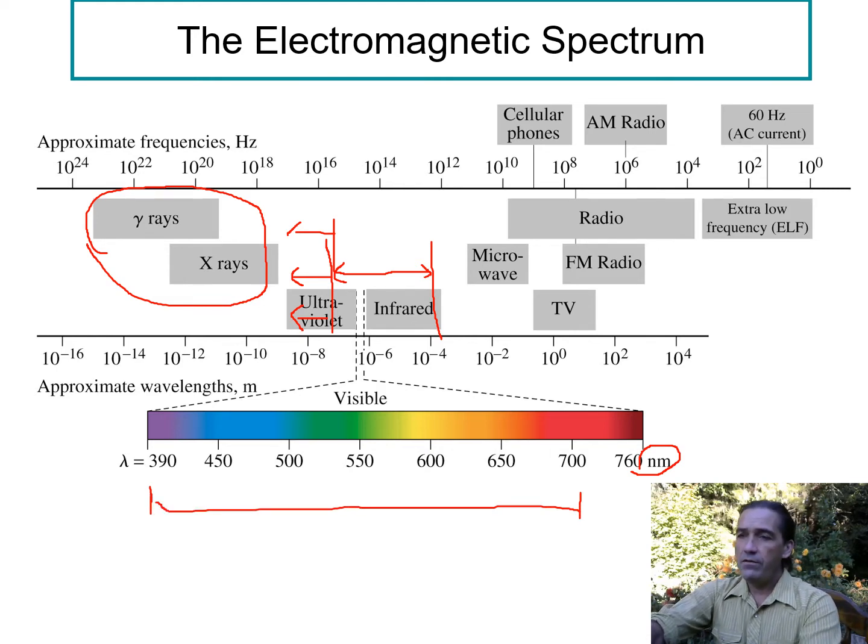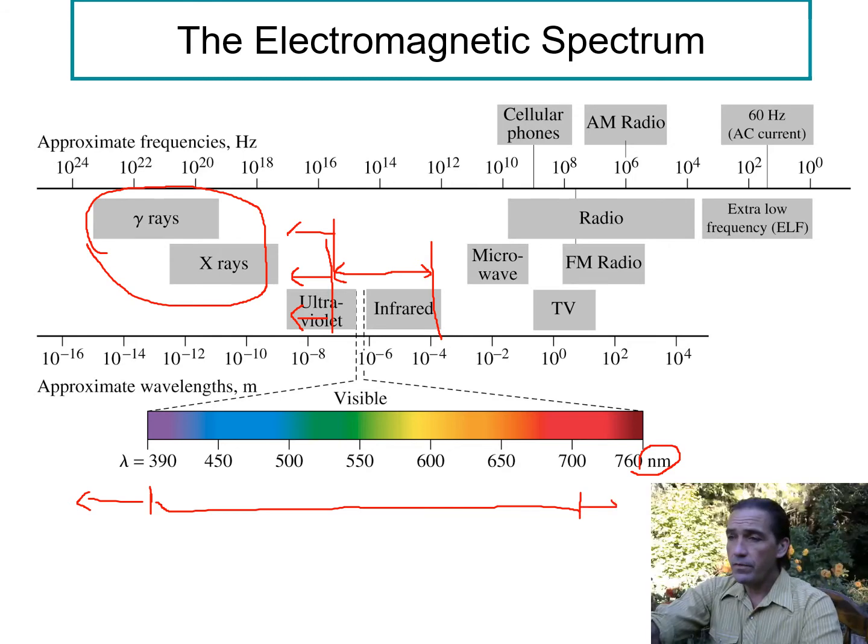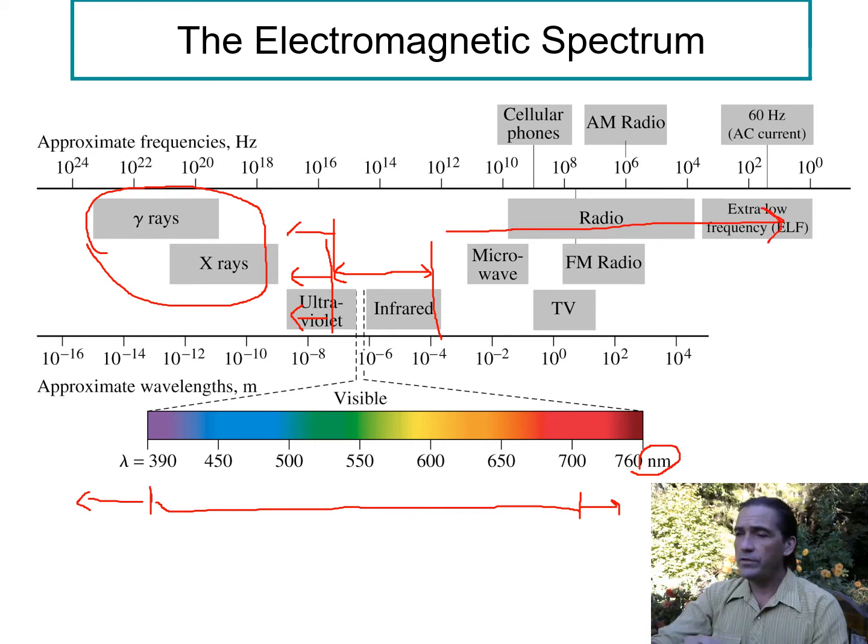And then what we have below 400, that's where we have our UV, and above 700 is where we have our infrared. That's the quick way to reference each of these categories of different types of electromagnetic wavelengths. And then there's also longer wavelengths that we will not discuss in this lecture.